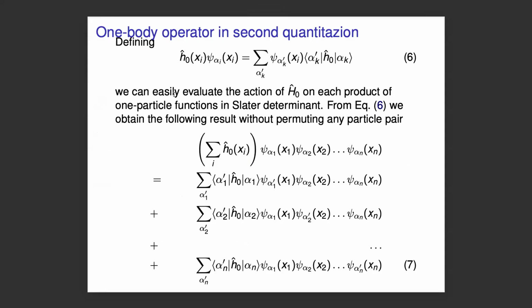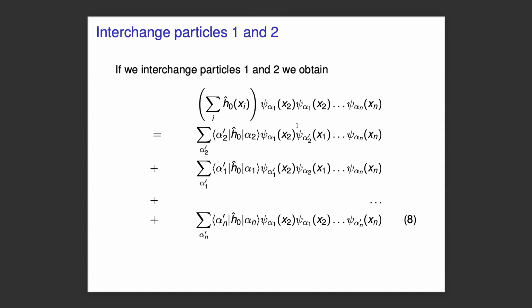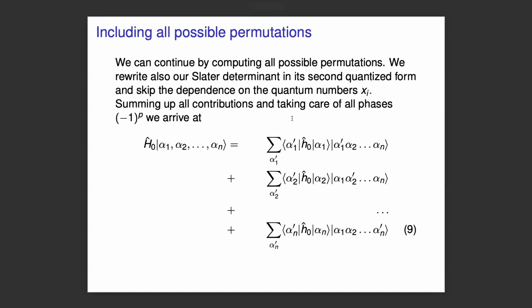With the spectral decomposition acting on a given Slater determinant, you can then set up the action without the permutation of any particle pair or any possible permutations. Then you can interchange particle 1 and 2, and then you can continue by computing all possible permutations as we discussed with the setup of a determinant.